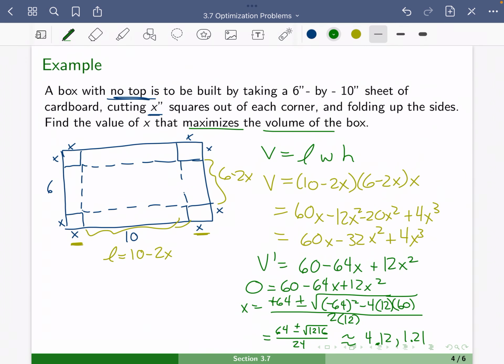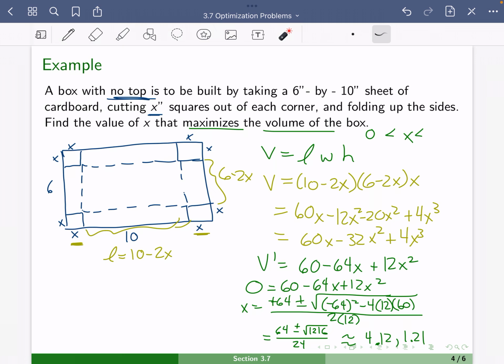Do both of these solutions make sense? What is the feasible domain of this function? What x values make sense? Well, our values of x should be larger than 0. Otherwise, we wouldn't be folding anything up.